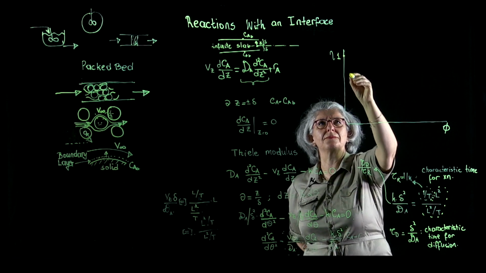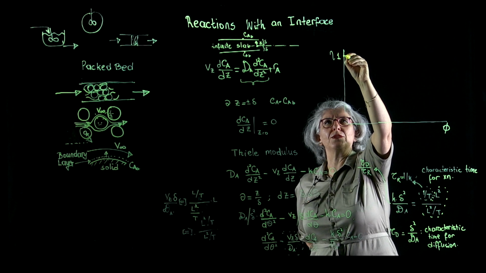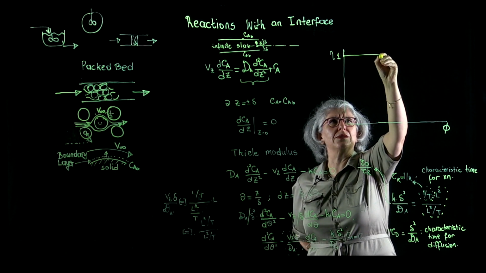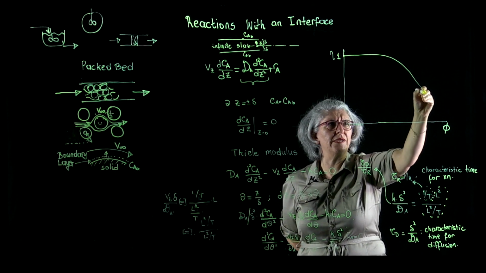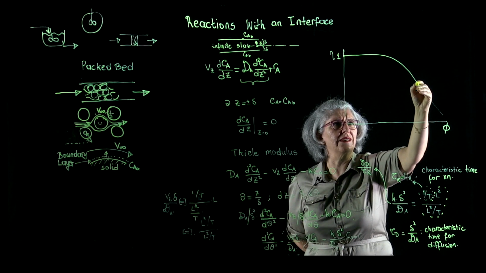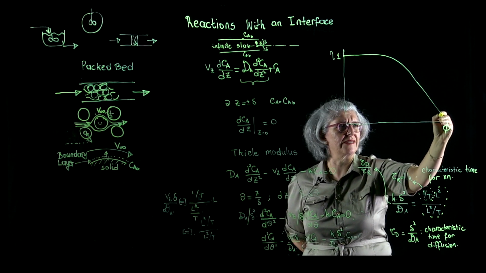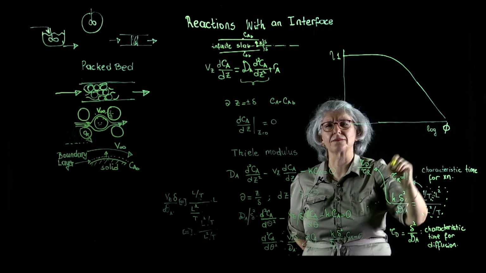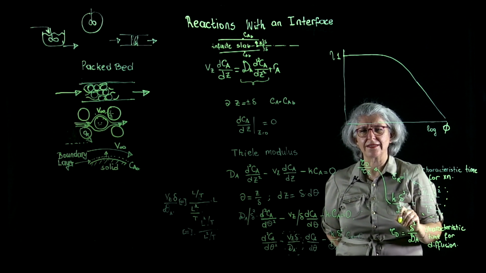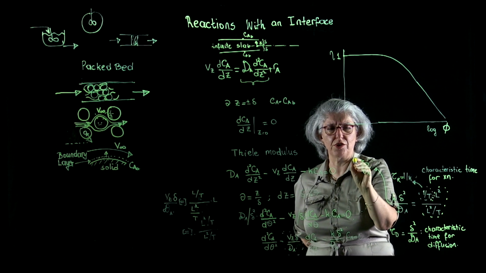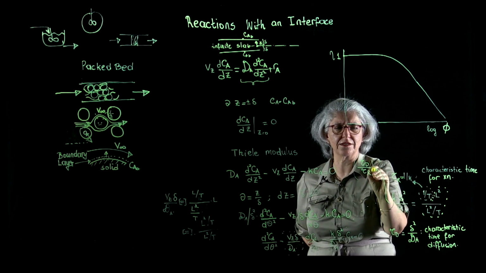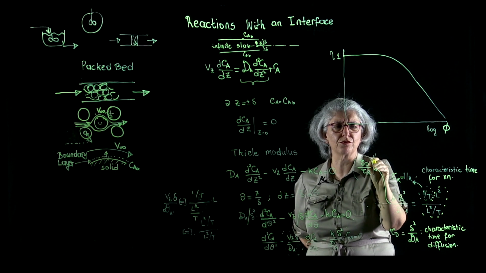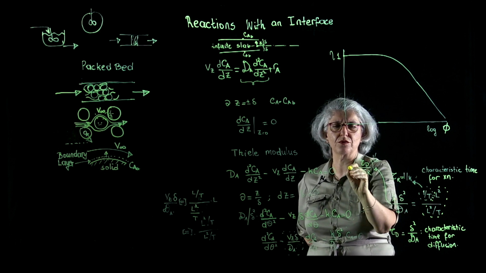Right? So it goes through a behavior like this, and it falls off. And this graph is logarithmic. All right? And this characteristic time for diffusion over the characteristic time for reaction, raised to the power 1 over 2, is the Thiele modulus.